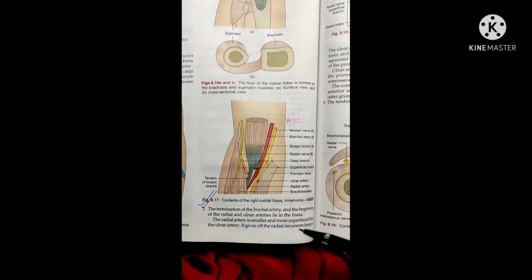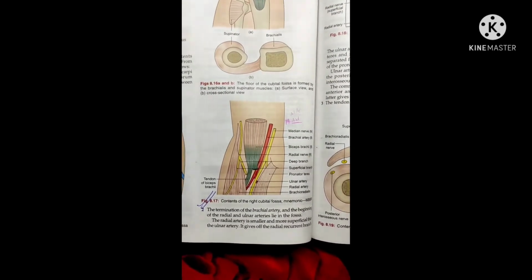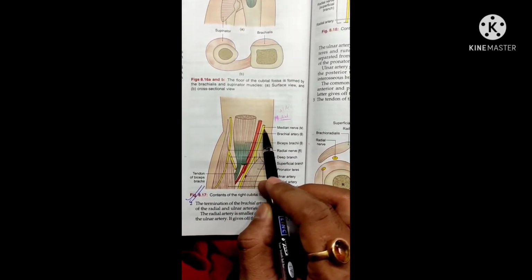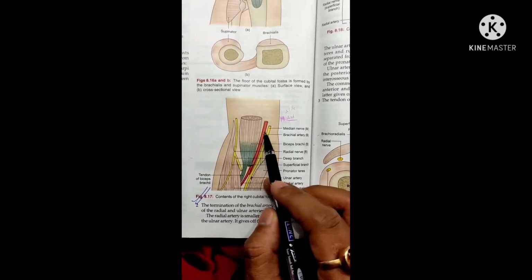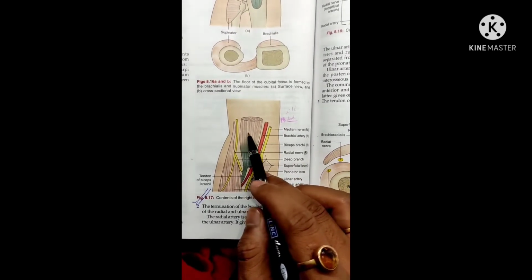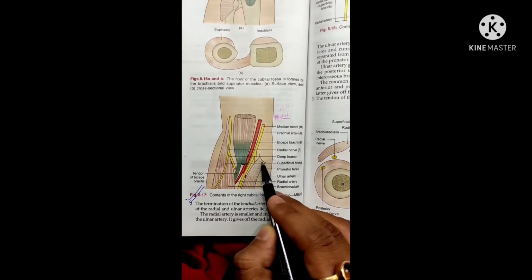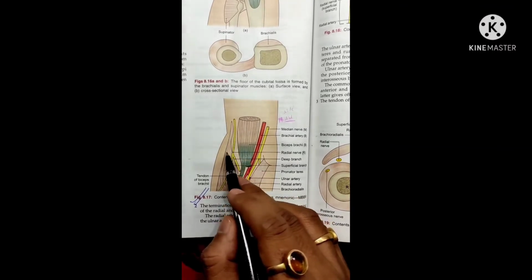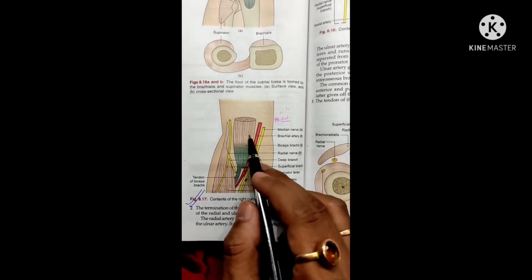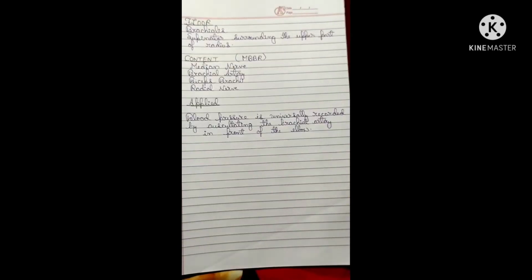Its boundaries are the pronator teres muscle on the medial side and the brachioradialis muscle on the lateral side, and in between them is the content of cubital fossa. That is the simple MBBR trick.